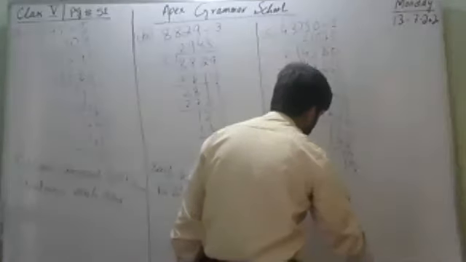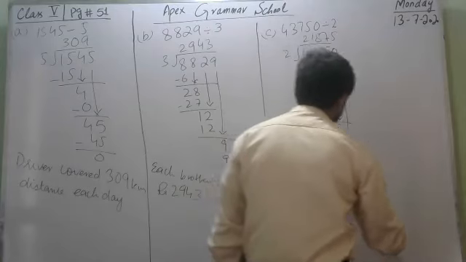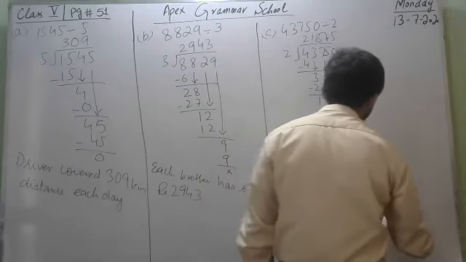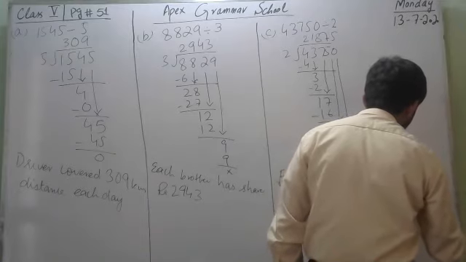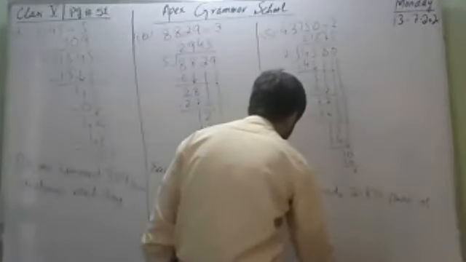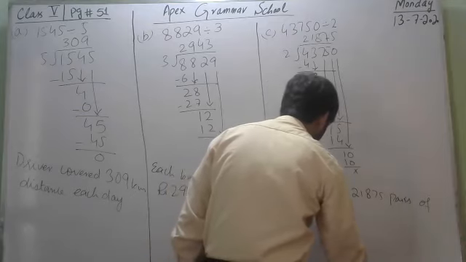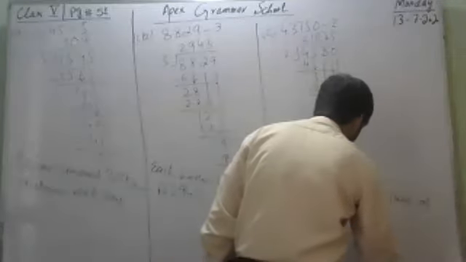Factory made 21875 pairs of sandal in a year.